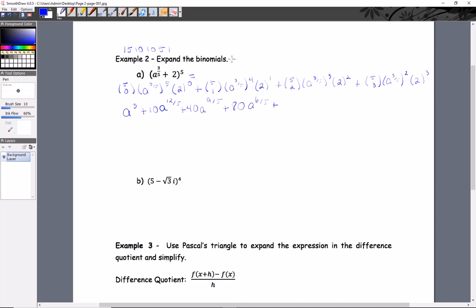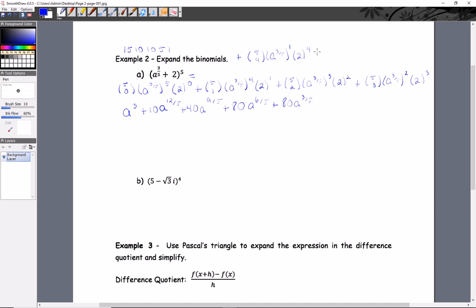So let's see. Up here, we'll do plus, continuing. This will be 5 things taken 4 at a time, and there's only 5 ways to do that, so there's your 5. And then a to the 3/5, and that'll be dropping down to the 1st power times 2 to the 4th. So that's going to be 5 times 16, which is 80, a to the 3/5 power.